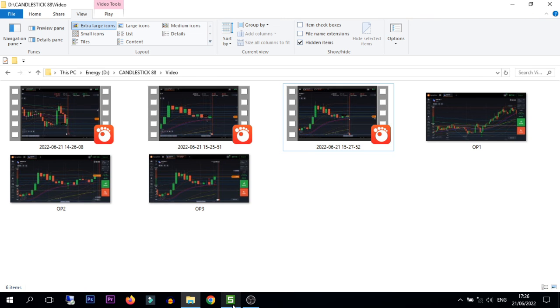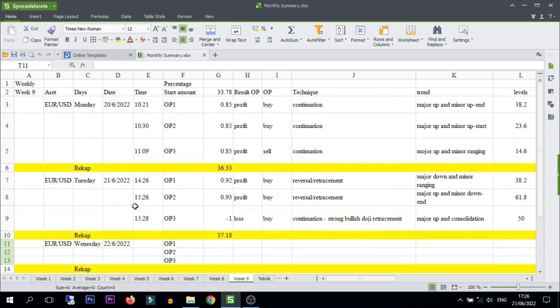We only get this data. I was trading not so aggressively, so this is 1426, 1526 and 1528. This is more aggressive, but one loss.